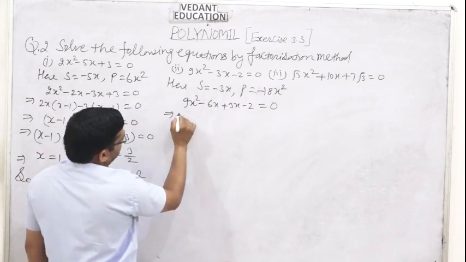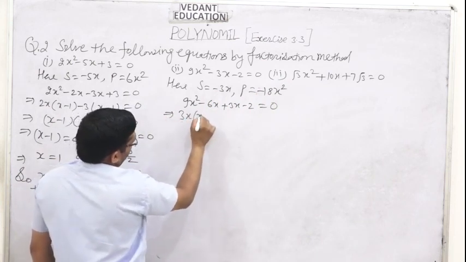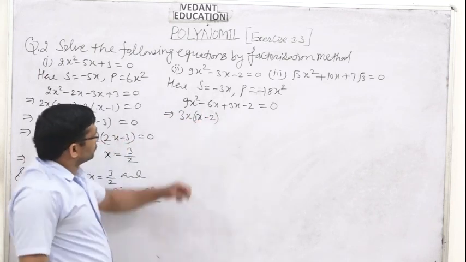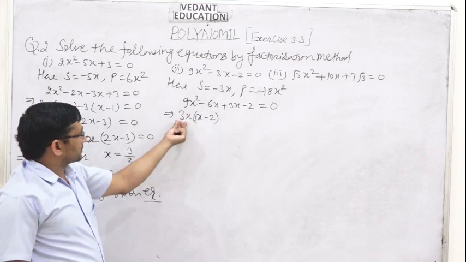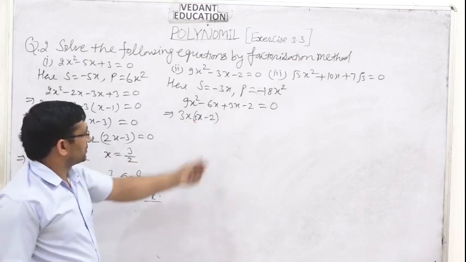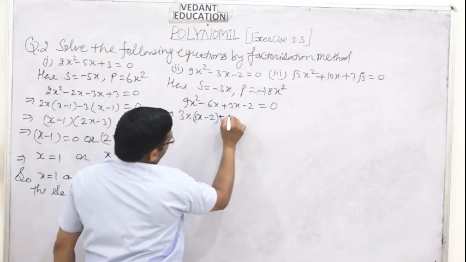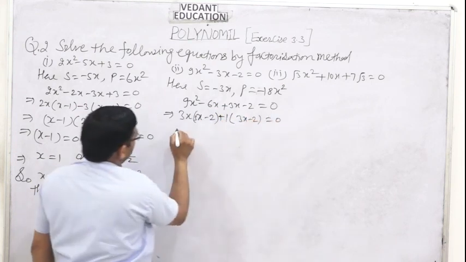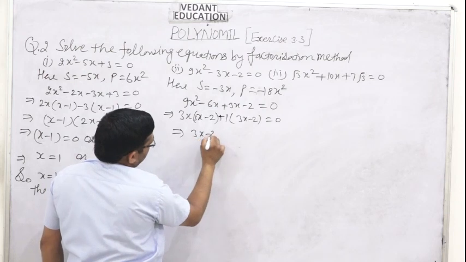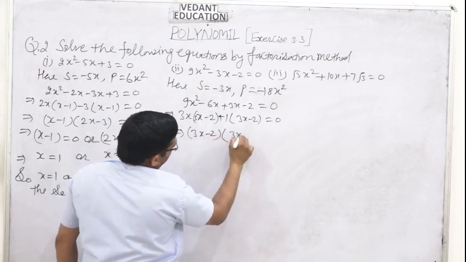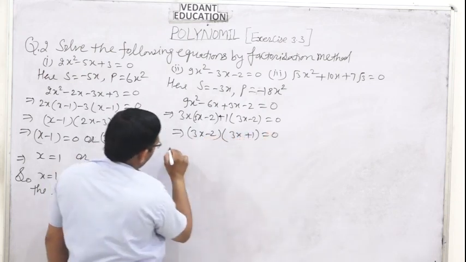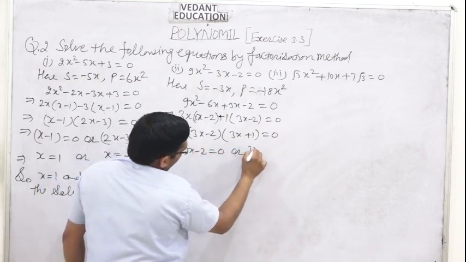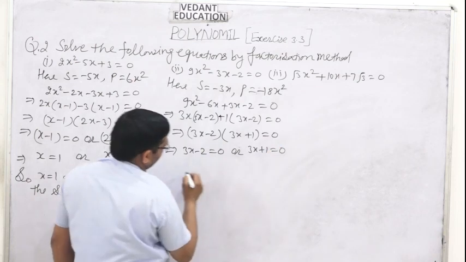First two terms, what is common? 3x is common. Sorry, in 9x square minus 6x, 3x is common, remain is 3x minus 2. In the next two terms, what is common? 1 is common. Remain 3x minus 2 is equal to 0. That is again 3x minus 2 is common, 3x plus 1 is equal to 0. That is, 3x minus 2 is equal to 0 or 3x plus 1 is equal to 0.